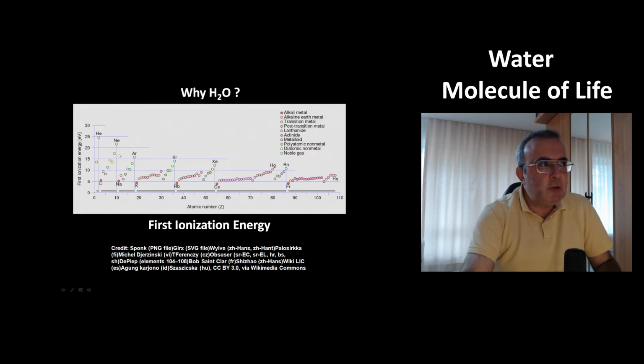And in this diagram, oxygen is 2 positions to the left of neon. And oxygen likes to make 2 bonds, and by making 2 bonds, it gets the same electron configuration as neon. And hydrogen is to the left of helium, and by making 1 bond, it gets the electron configuration of helium. That's why H2O.